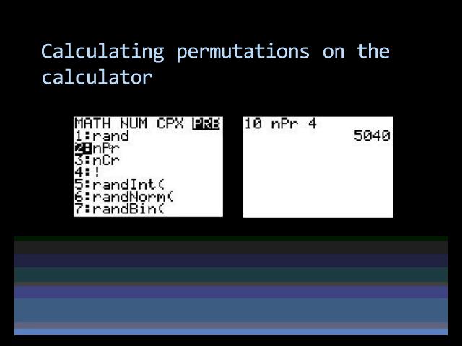If 10P10 is the same as 10 factorial, what does that imply about 0 factorial? Has to be 1. Okay? 0 has all this weird stuff going on, right? Anything to the 0 power is 1, even though that doesn't make any sense. 0 factorial is also 1. Just another one of those weird intricacies of 0.